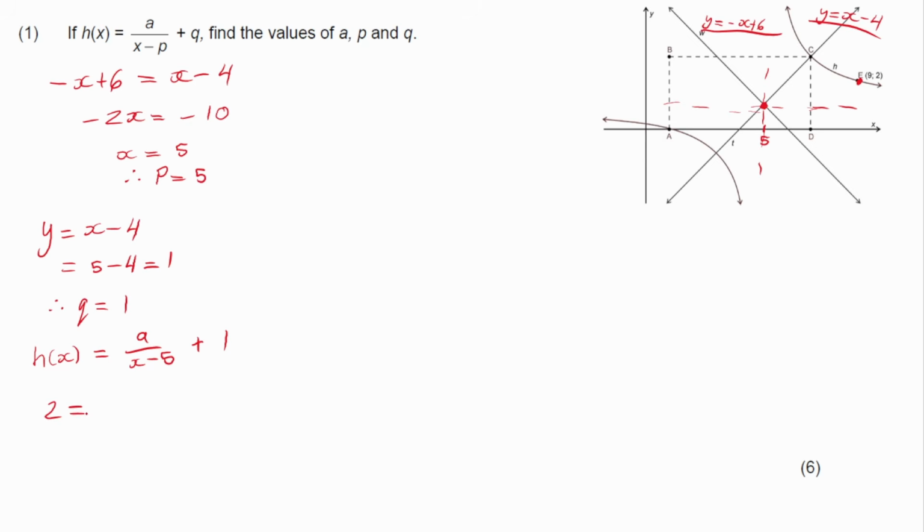So I'm going to put my y in here, and my x in over here. And if I simplify this a bit, that's over 4 plus 1. So I'm going to get 1 is equal to a over 4. So therefore a is equal to 4. So there we go. I've got my values of a, p, and q.